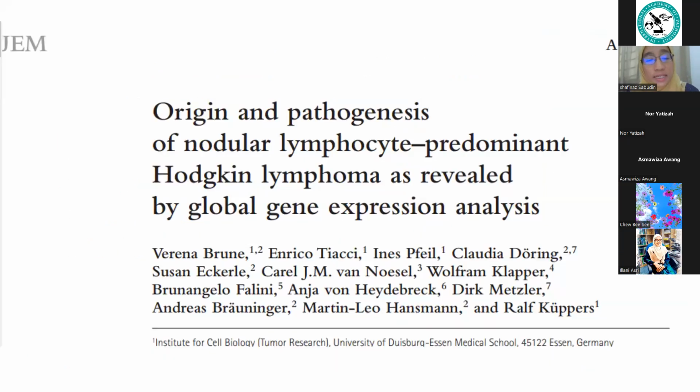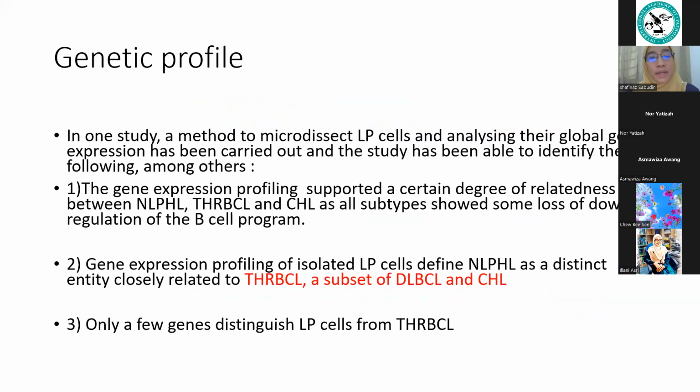This is a study that also looked at the global gene expression analysis of nodular lymphocyte predominant Hodgkin lymphoma and T histiocyte rich large B-cell lymphoma. They found that not only do both of them share similarities, but they also share some similarities with classical Hodgkin lymphoma, where all these subtypes show some loss or down regulation of the B-cell program.